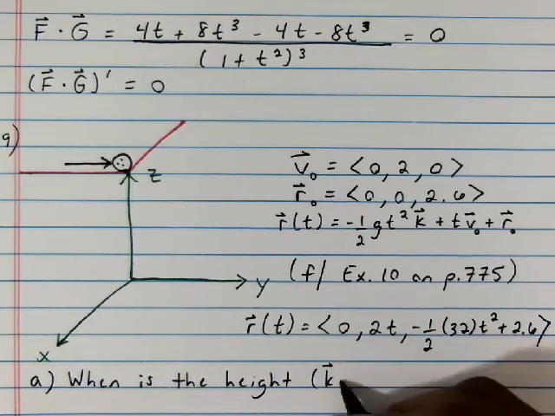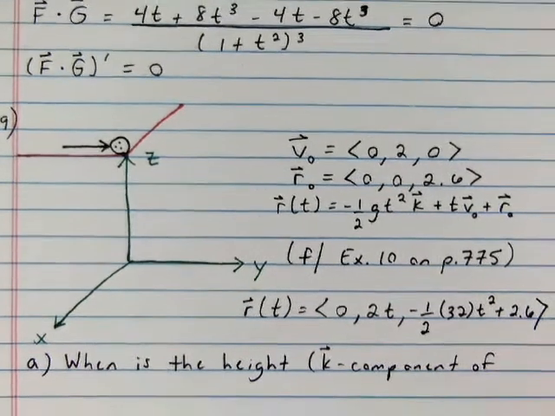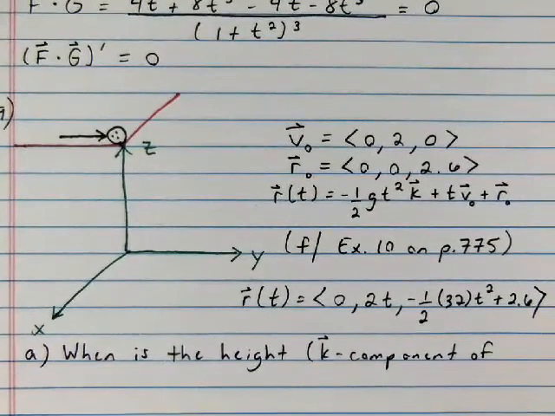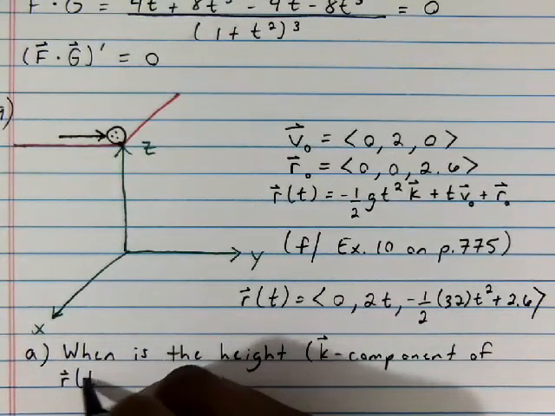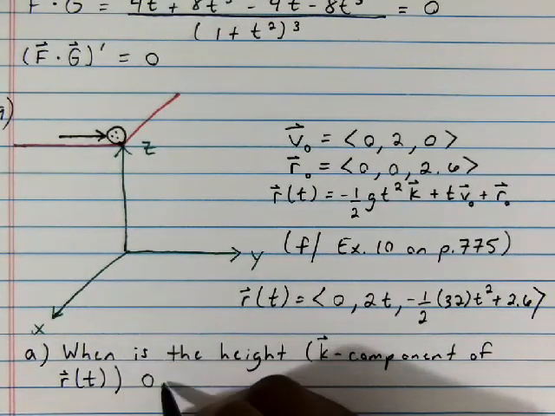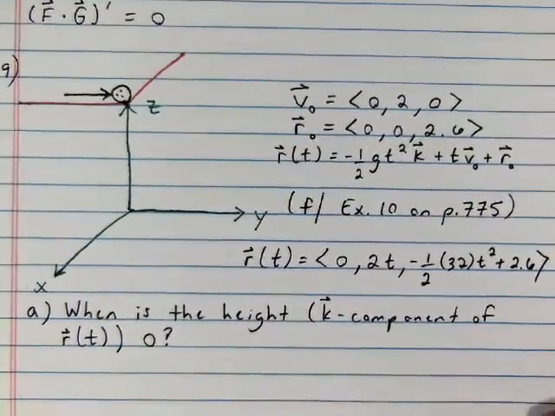So the k component of r of t is zero. So that's what we were asked. When is the k component of r of t 0?